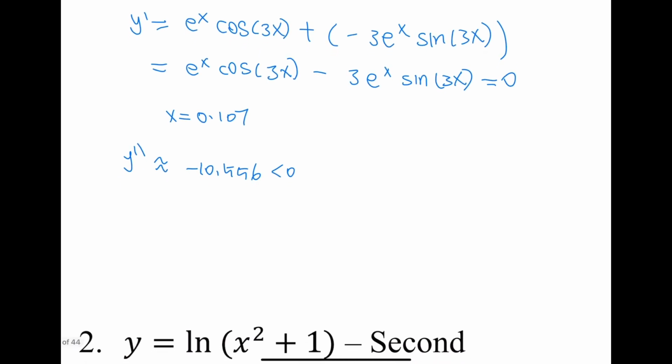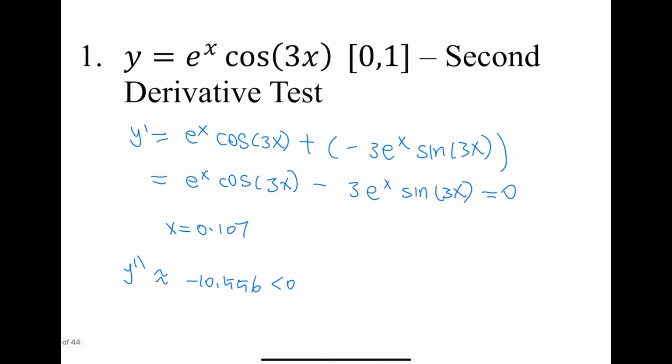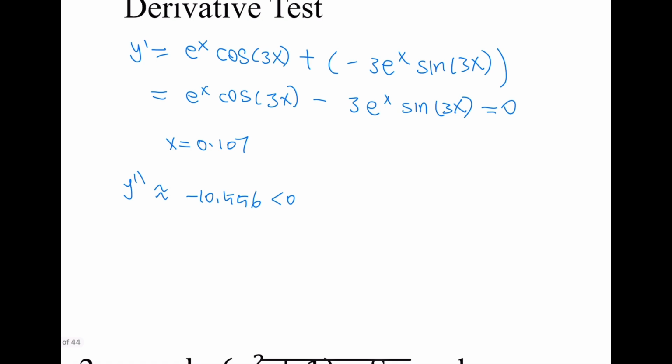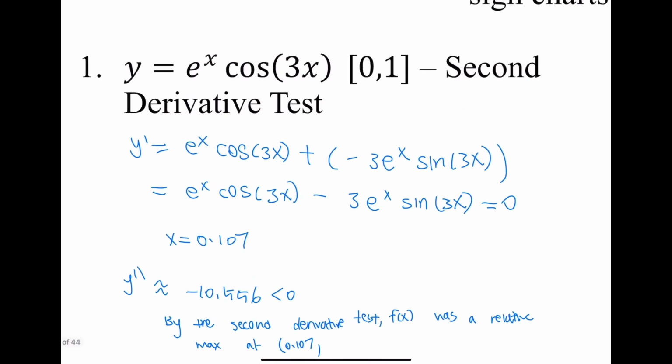So by the second derivative test, f of x has a relative maximum at 0.107. Writing that down: by the second derivative test, f of x has a relative max at 0.107, and let's plug this in.